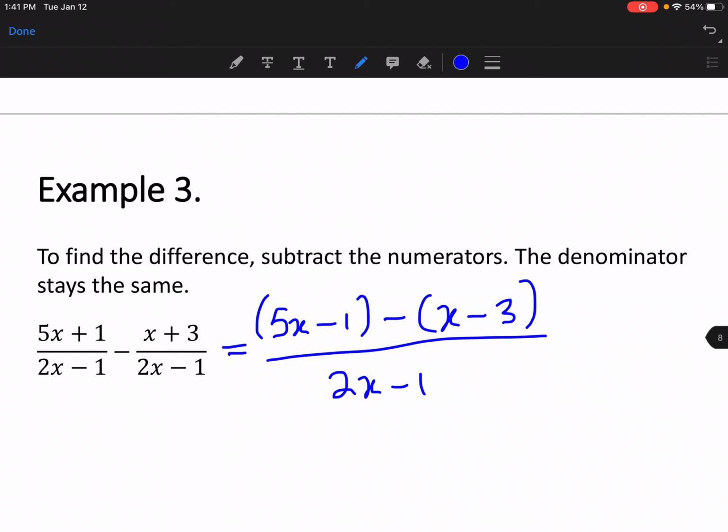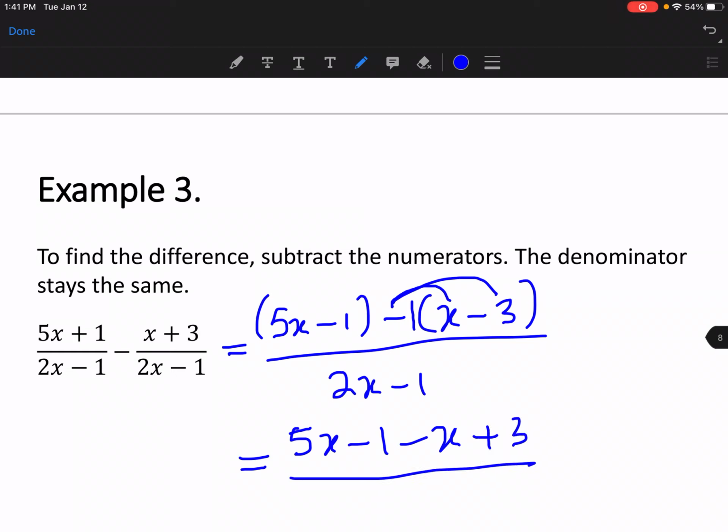But when you have a subtraction, there is a 1 understood to be there, so you have to distribute this negative into both terms. So 5x minus 1 stays the same. Then we distribute the negative: negative 1 times x is negative x, and negative 1 times negative 3 is a positive 3, all over 2x minus 1.